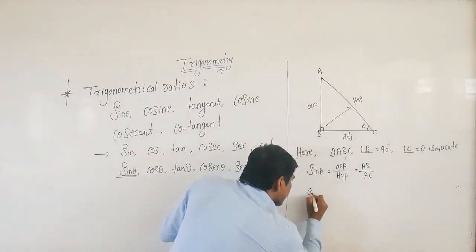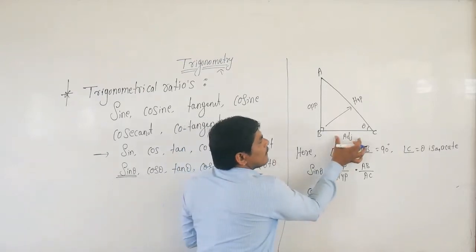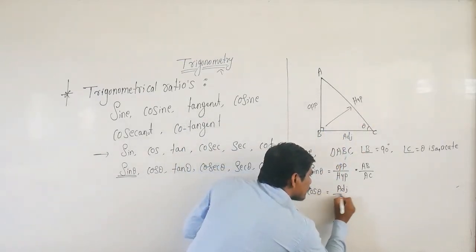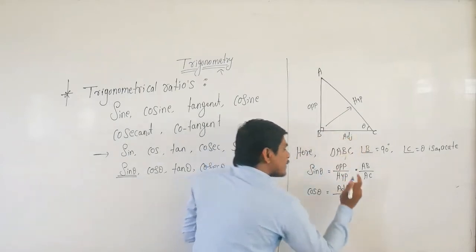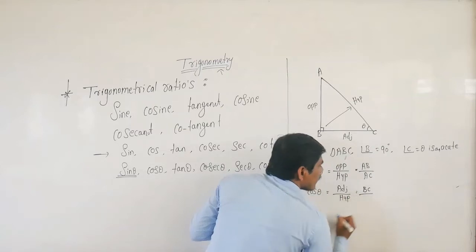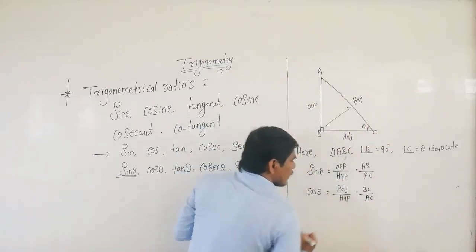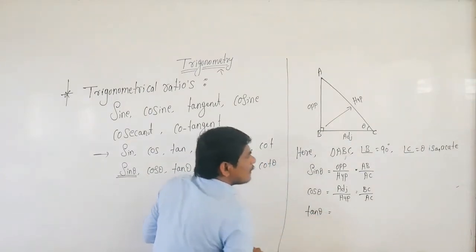And the next trigonometrical ratio is cos. Cos theta is equal to adjacent by hypotenuse. In this figure the adjacent side is BC, and the hypotenuse side is AC, so you write BC divided by AC. And the next trigonometrical ratio is tan theta.